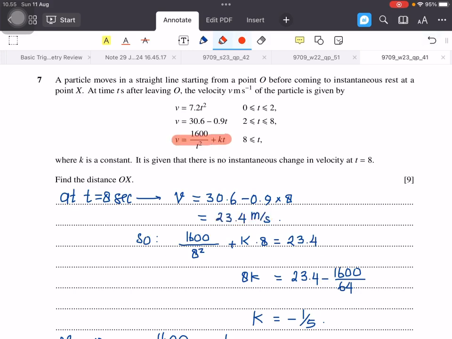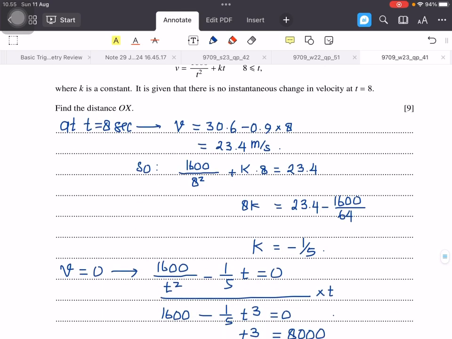So using the third formula, when t equals 8, the velocity must be the same, 23.4 meter per second too, because there is no instantaneous change in the velocity at t equals 8. So the equation will be 1600 over 8 squared plus k times 8 is equal to 23.4. Solving that equation, we find k is equal to negative 1 over 5.